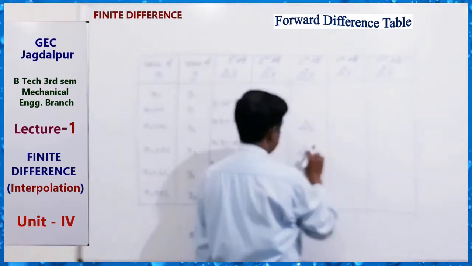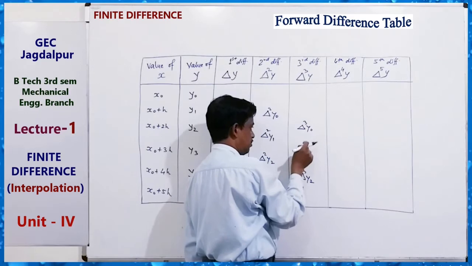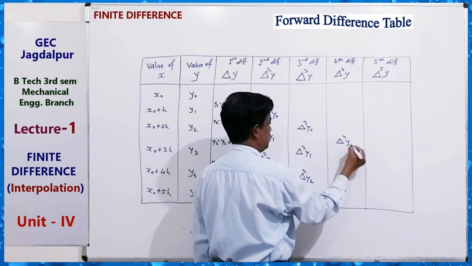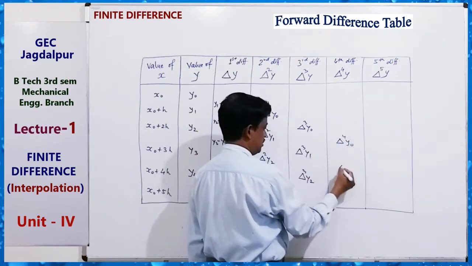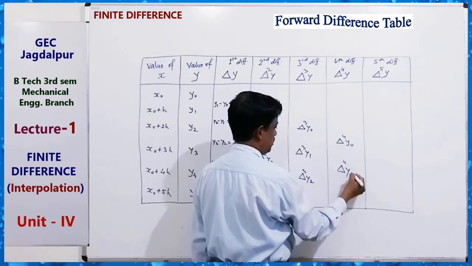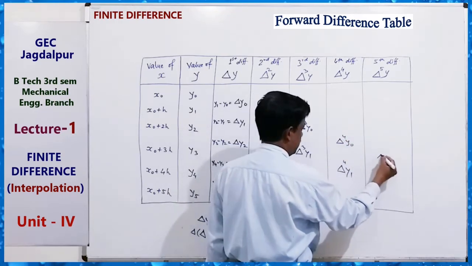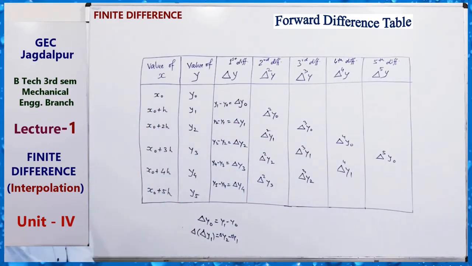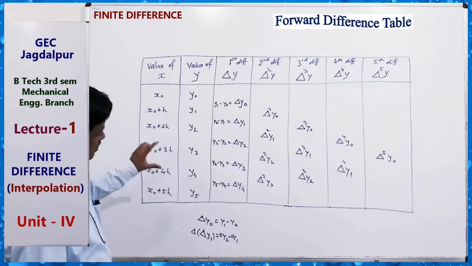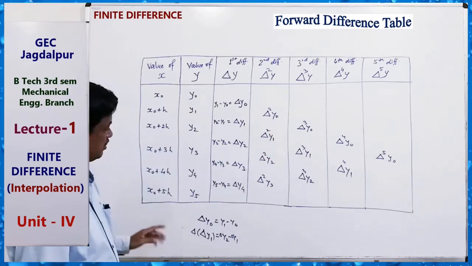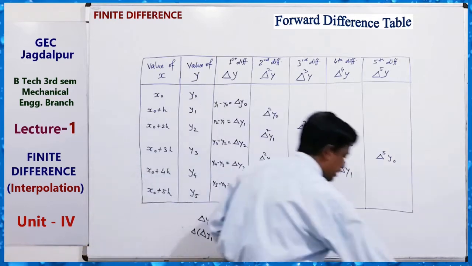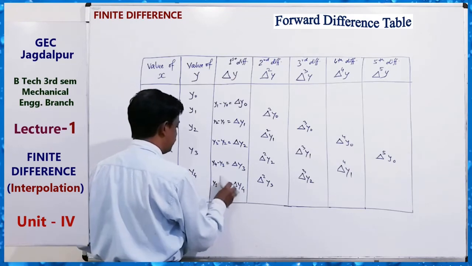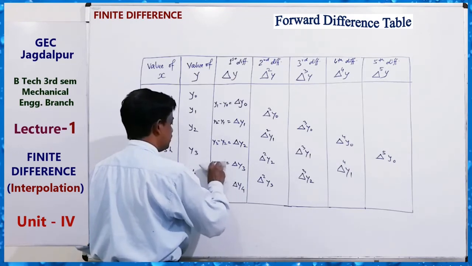For fourth difference, this minus this: del 4th y0, this minus this del 4th y1, and this minus this is del 5th y0. So you can make this type of table in triangular format.